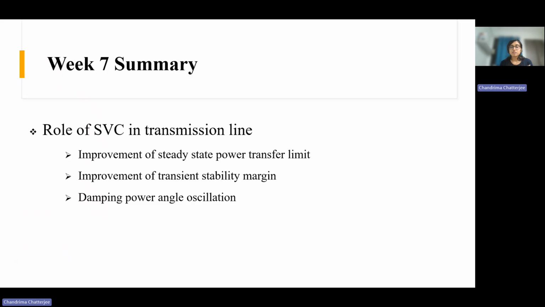In today's tutorial session, we shall talk about the role of SVC in a transmission line. One of the most important roles of the SVC is reactive power compensation. Why is it required?